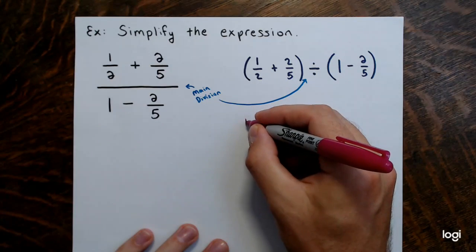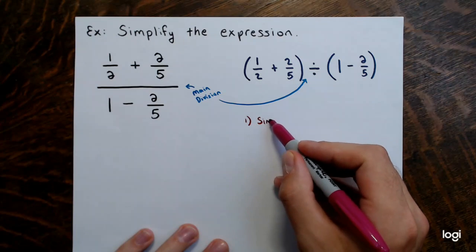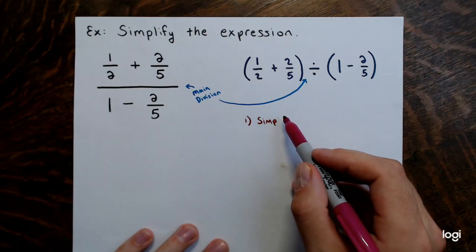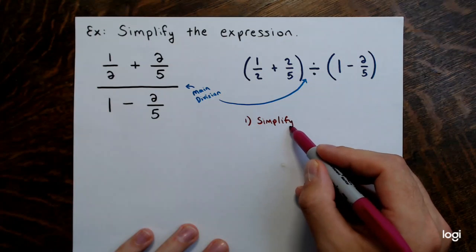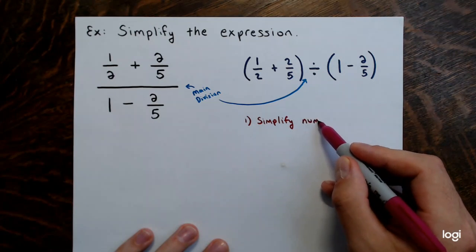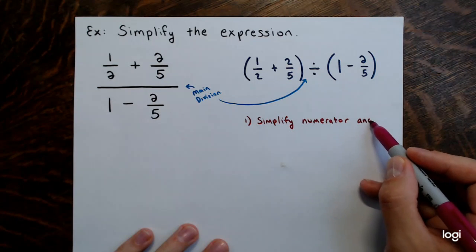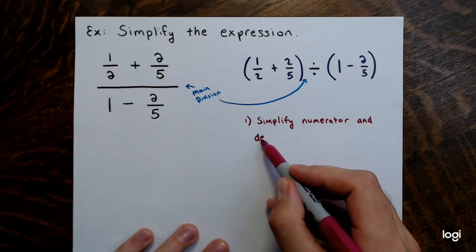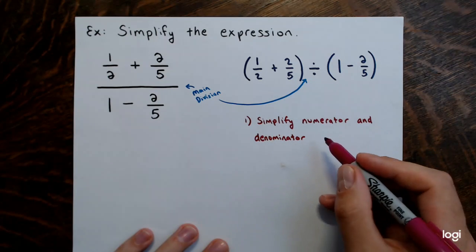Okay, so the first thing, we're going to simplify the main numerator and main denominator. I'll just say simplify the numerator and denominator separately, which I'll do off to the side.